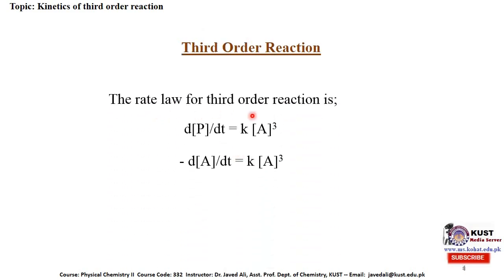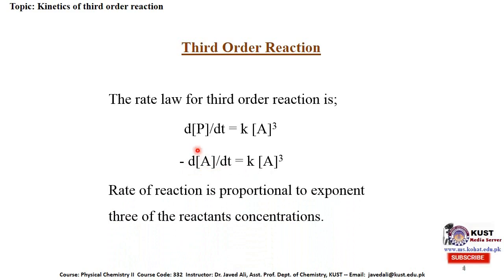The rate law for third order reaction is dP divided by dt is equal to Ka cube, or minus dA divided by dt is equal to Ka cube. dP divided by dt represents the rate of formation of product, and minus dA divided by dt represents the rate of disappearance of reactant.